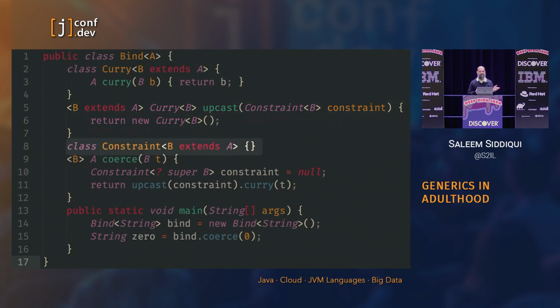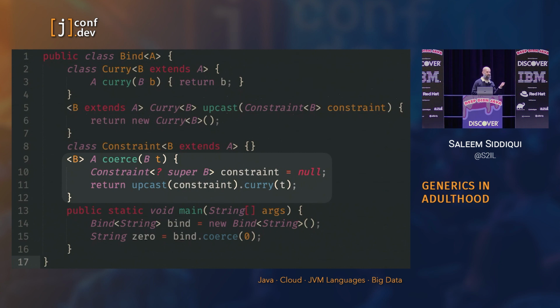Then here's a constraint class. Notice that this class only exists for the purpose of typing, has no behavior. Open curly, close curly right there. But here's a constraint class B extends A. And here's a coerce method, kind of the magic coordinator of this. It takes a constraint and declares its type very niftily to some undefined supertype of B. Doesn't really care about its value.